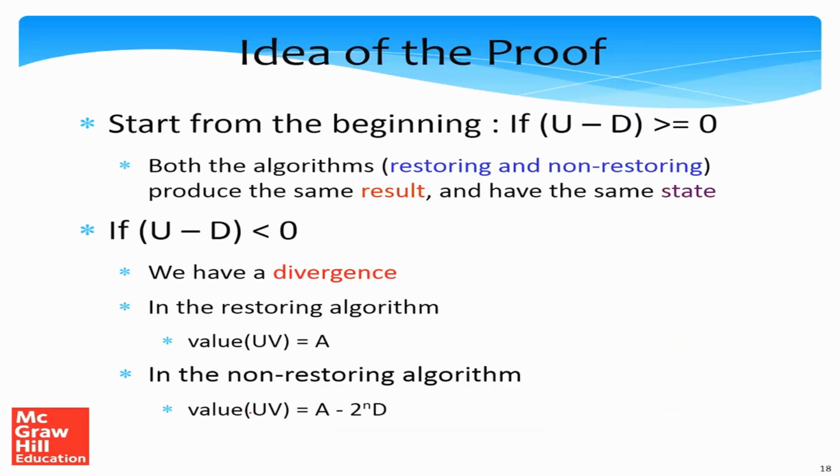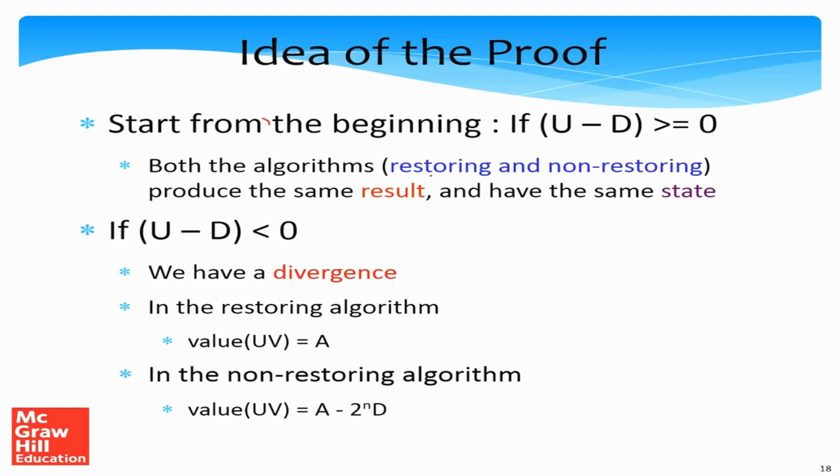Alright, so now let me give a very brief idea of the proof, but the detailed proof is there in the book. The proof is slightly involved, so it is kind of difficult to explain via a presentation, but let me nevertheless try. Let's assume that u minus d at some point is greater than or equal to 0.